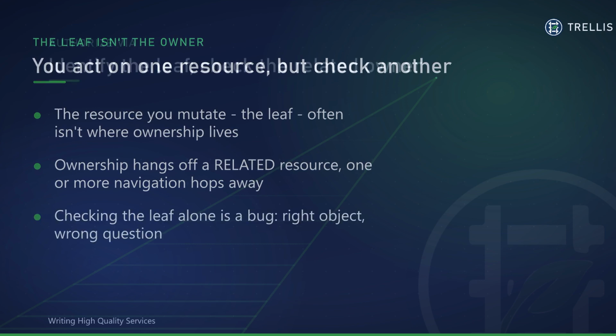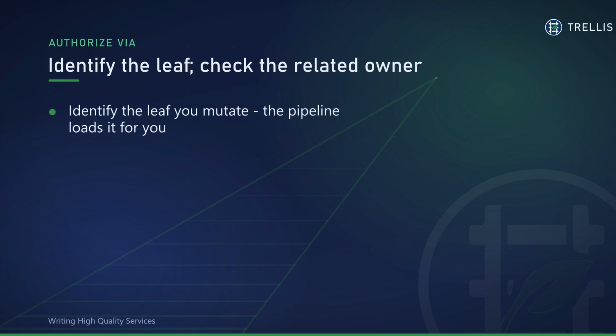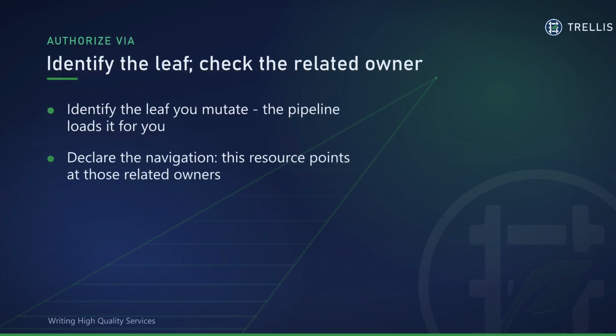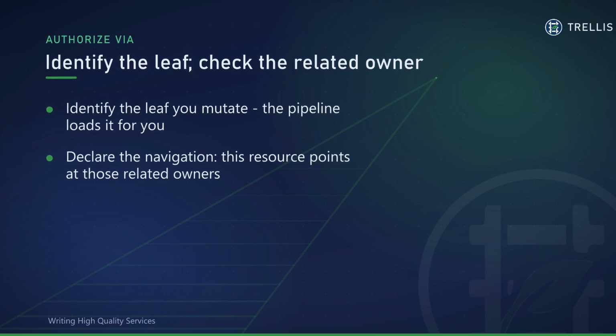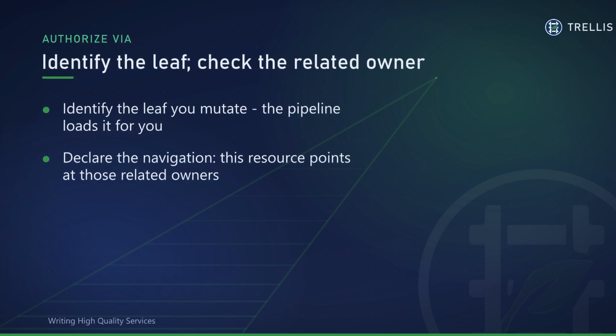The clean way to model this is to make the navigation explicit. First, you identify the leaf you're mutating, and the pipeline loads it for you. No manual fetch. Second, you declare the path. This resource points at those related owners. A match points at its two teams. The framework follows that declaration and loads the owners.